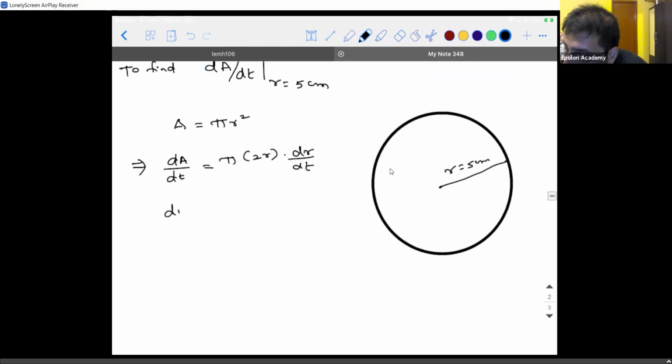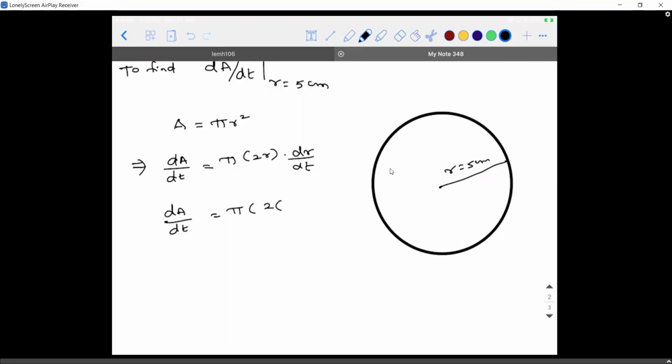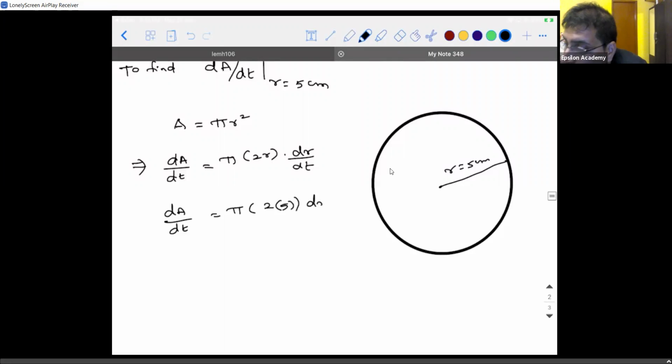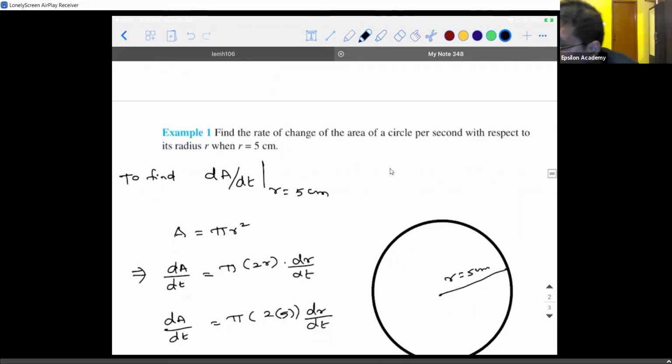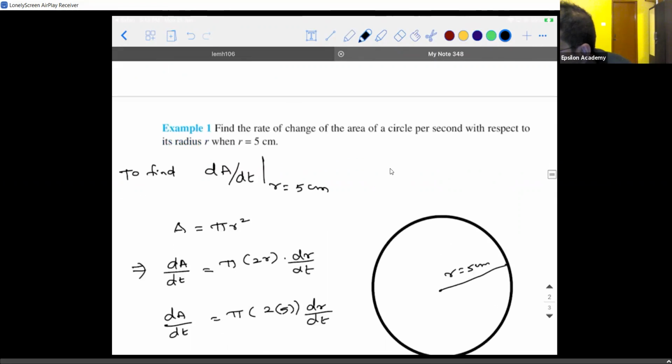So dA by dt is equal to pi into, what is the value of r, guys? 5. 5 into dr divided by dt. Okay. So now the question is, we don't know what dr by dt is.